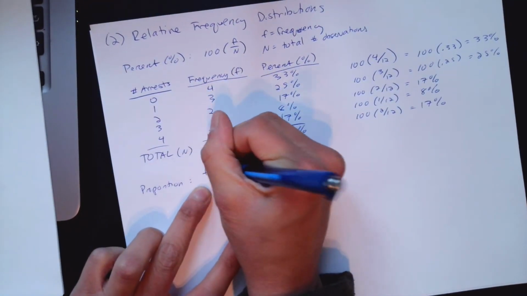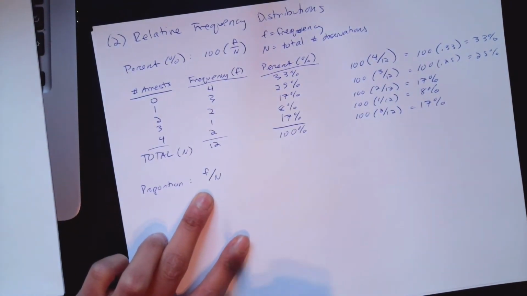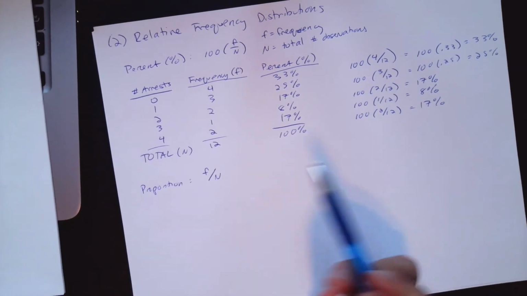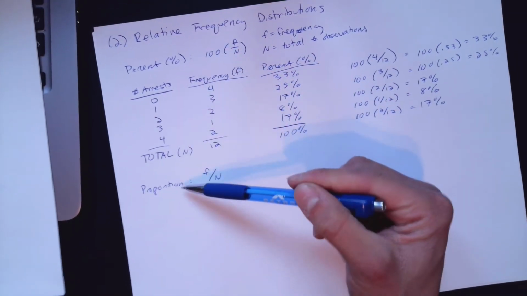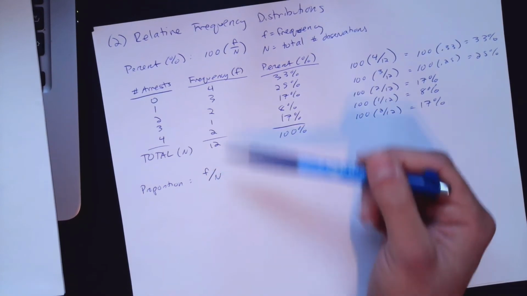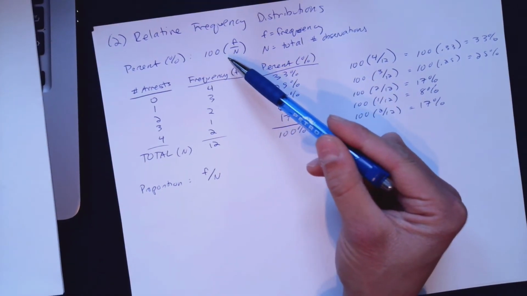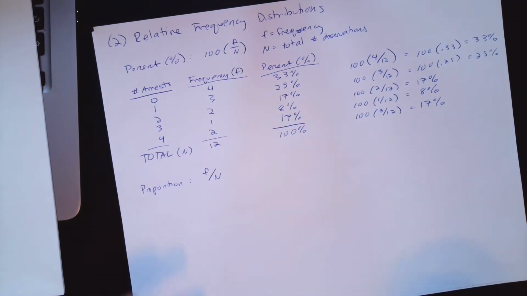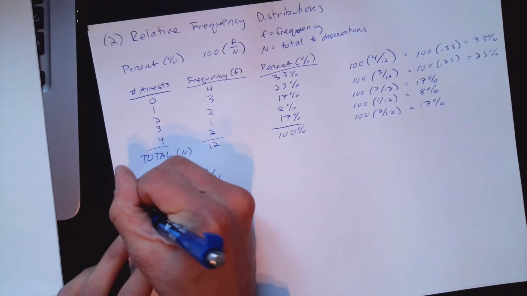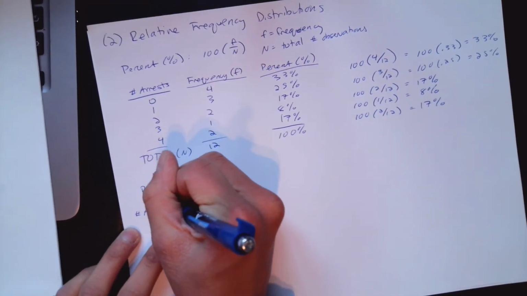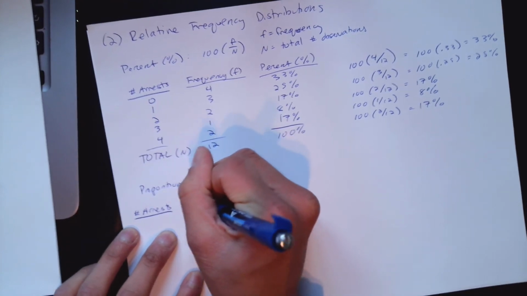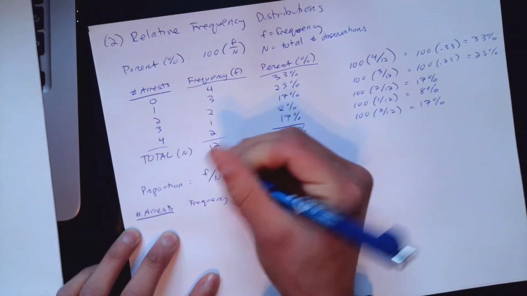And we can find the proportion using this formula, which is f over n. So what you can see is that the only difference between a percent and a proportion is that you're not multiplying it times 100 like you do up here. So it's the same information, but just a different format.